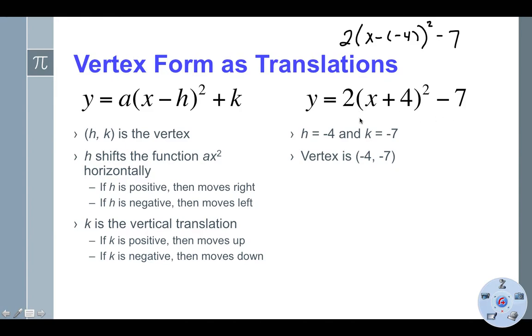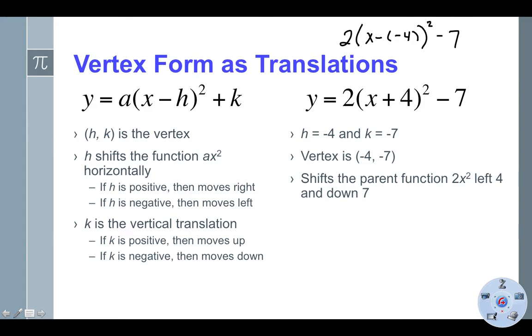You're going to be able to look at these vertex form problems and say automatically the vertex is negative 4, comma negative 7 just by looking at them. You won't have to think too much. What this does is it shifts the parent function, which is originally the ax squared, so it's 2x squared. It moves it left 4 units and down 7.